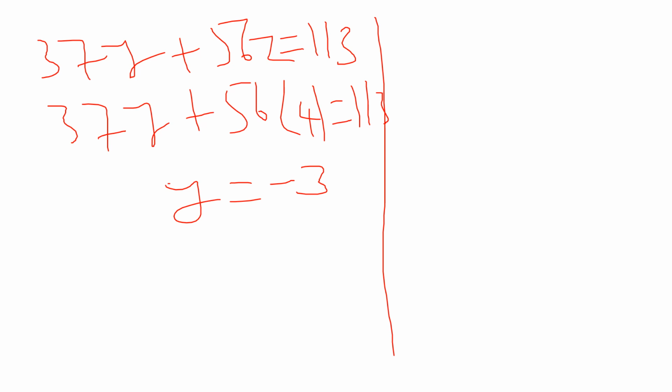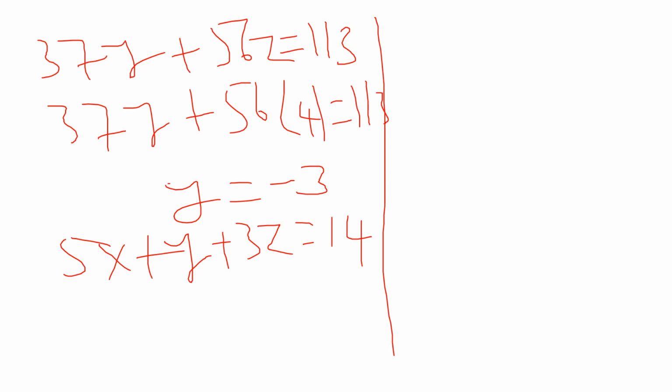And then now we can use our first pivoted equation so that we can get the value of x. We know the first pivoted equation was 5x plus y plus 3z is equal to 14. So we can substitute the unknowns that we have already gotten. So we shall have 5x, then remember we have our y being negative 3, so plus and negative results to negative 3, then plus 3 multiplied by the value of z, which is 4, and this should give us 14.